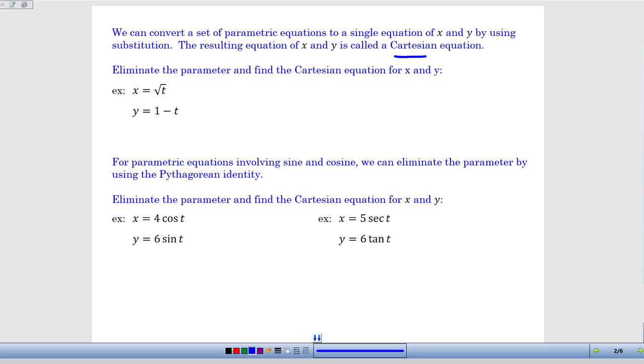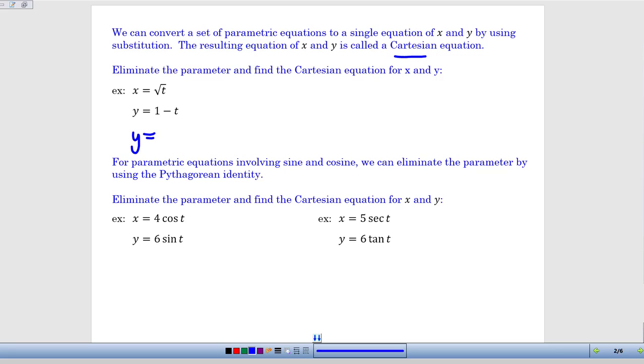So I'm going to eliminate the parameter, so I have to isolate t in one of these two equations. Now, we might think it's easier on the bottom one since the t isn't underneath the square root symbol, but oftentimes we want to write functions in y equals format, where the x is then on the other side.